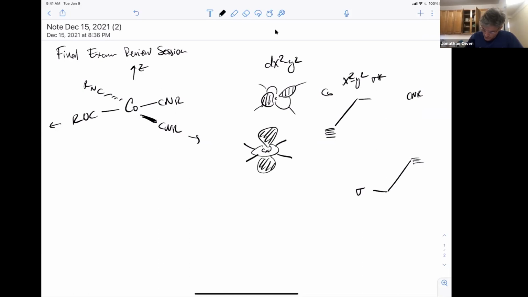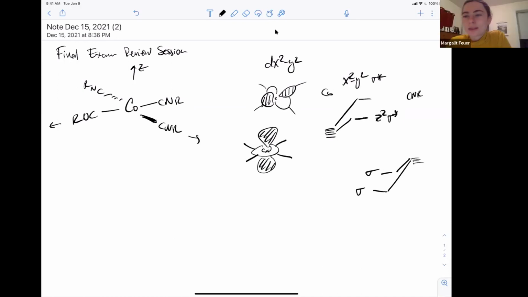So we can push up the z squared a little bit too. Now what's left? The xy, the yz, and the xz. And those are where? Between the ligands, right?